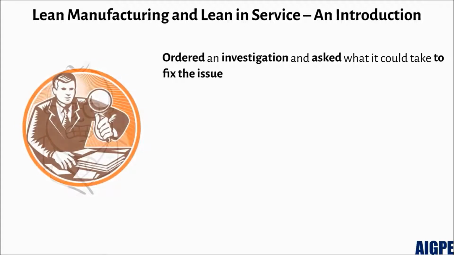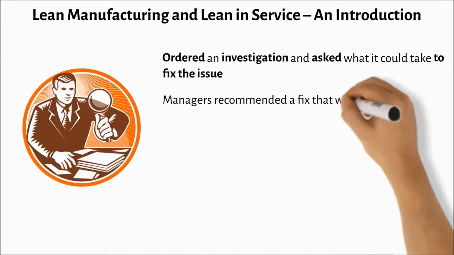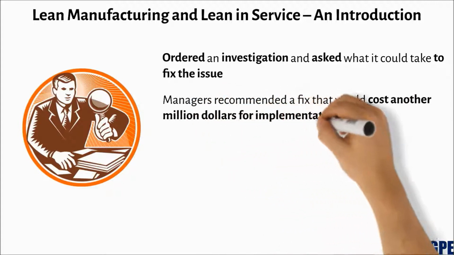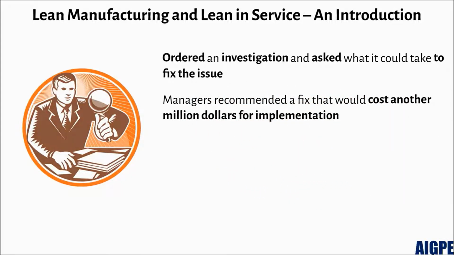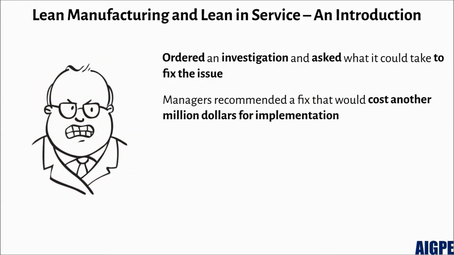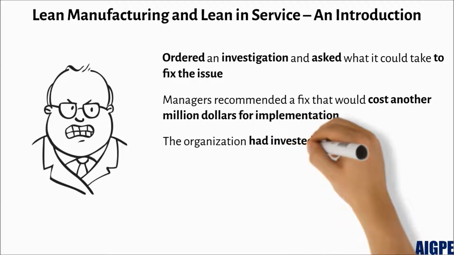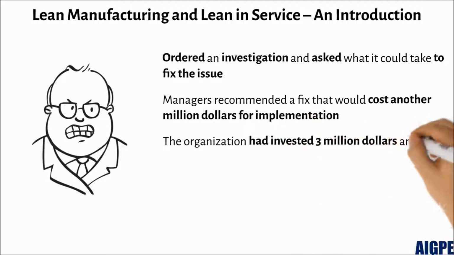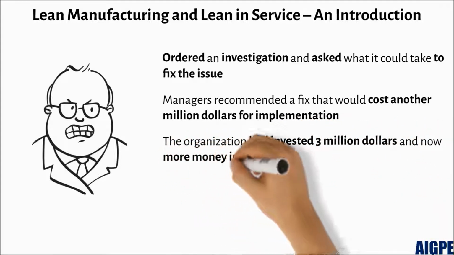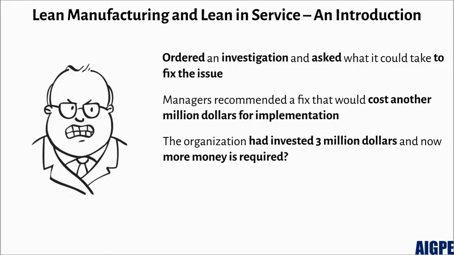After looking at the issue, the managers of the organization recommended a fix that would cost another $1 million for implementation. The owner was infuriated. His anger was valid. The organization had already invested $3 million in getting this machine, and now it is asking for more money.